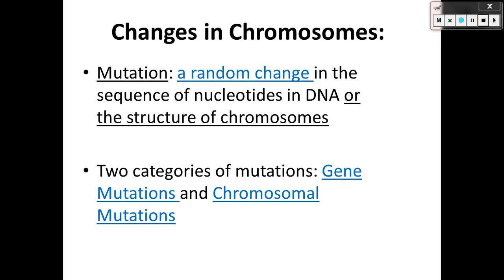It's just a little part of the chromosome, right? Because chromosomes hold genes. So if I'm only messing with one little part of it, that's really not as bad as messing with the entire thing. So if I'm messing with the whole chromosome, that's going to have more detrimental effects and more problems than if I were just messing with a little part of it.